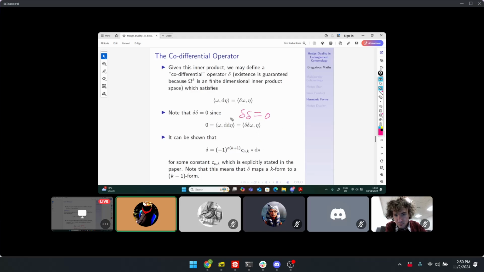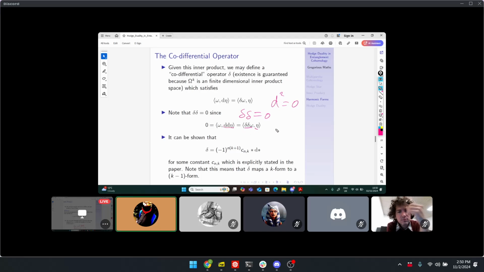And this is because, well, remember that the defining property of a chain or a cochain complex is that the differential, when you apply it twice in a row, gives you 0. So the inner product of omega with d d eta is just delta delta omega with eta.